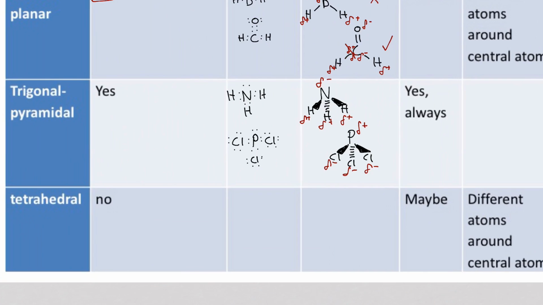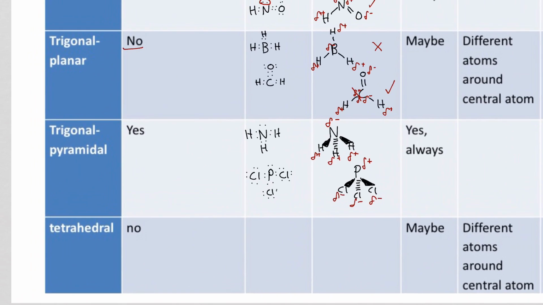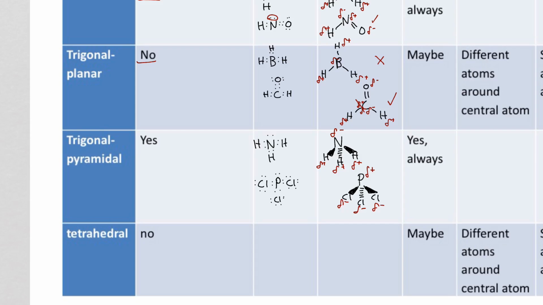Now we're going to get down to the last one. It's called tetrahedral. Again, no lone pairs of electrons around the central atom.